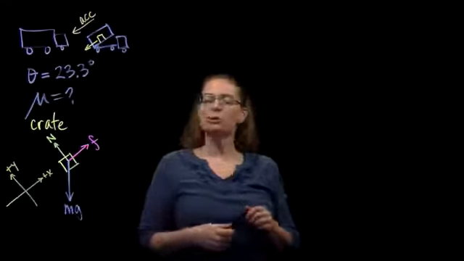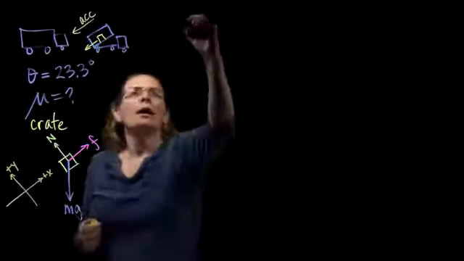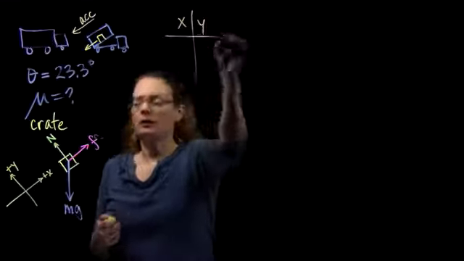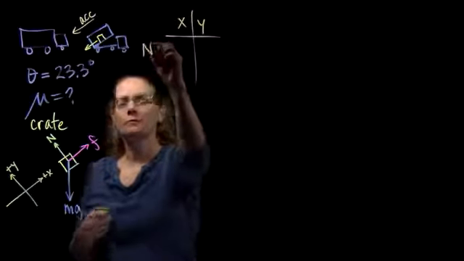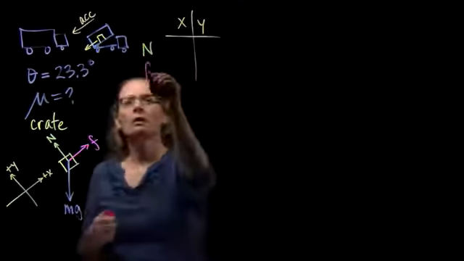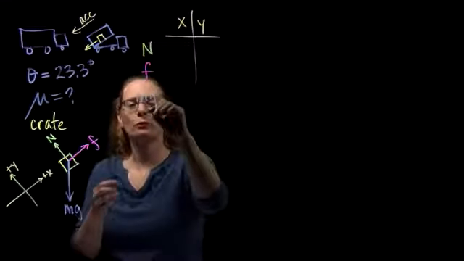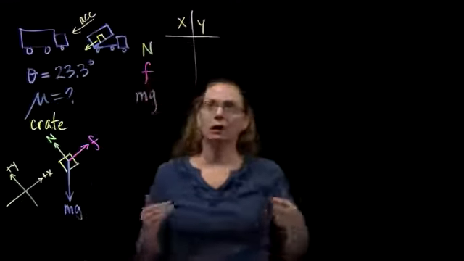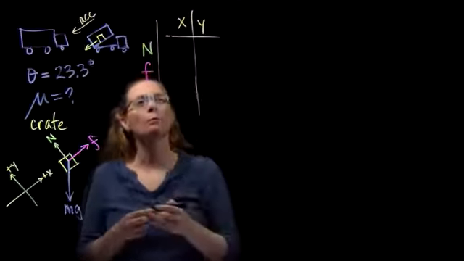Next up, do the chart of the x and the y variables. X and y have three forces. I've got my normal force, and I've got my frictional force, and my weight force. Okay, three forces. We have to figure out, are they in the x direction or the y direction, or both? Sometimes we have both.